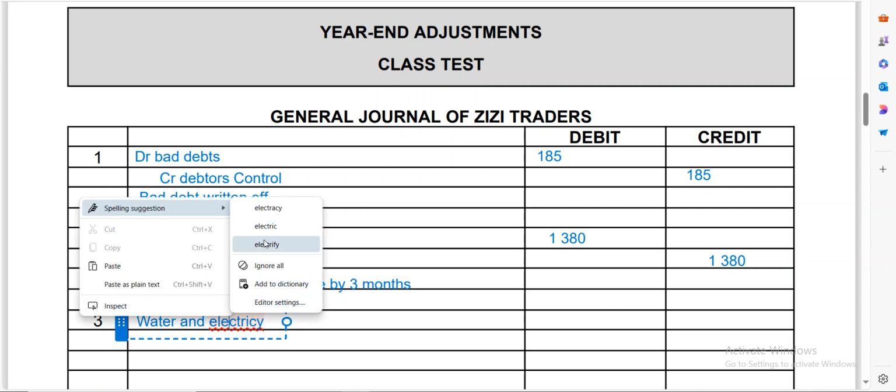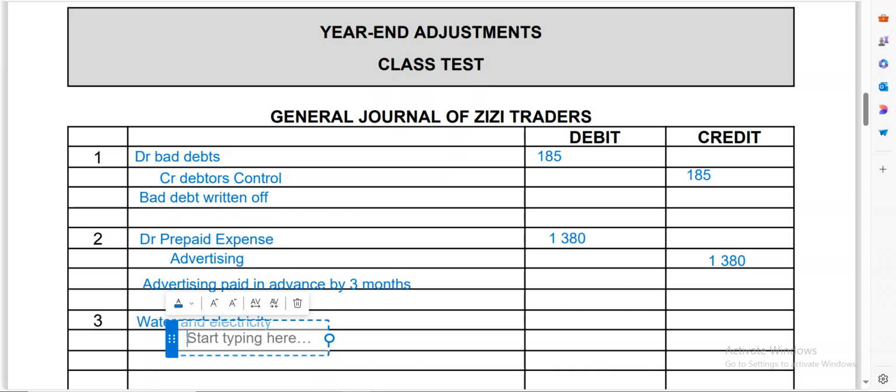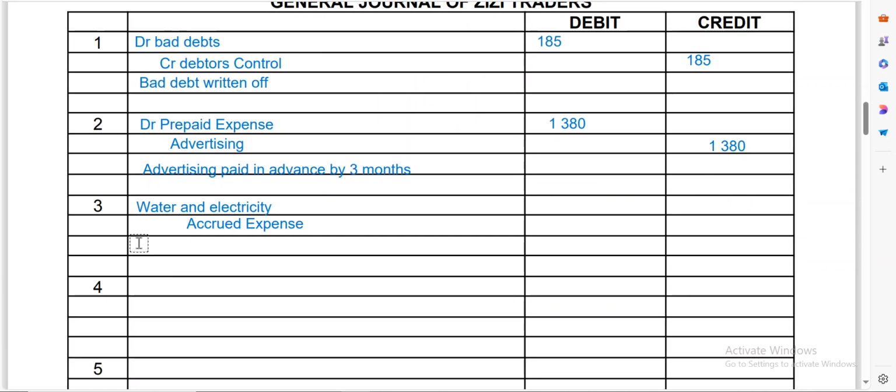If something is accrued, what does it mean? It means that we owe those people in terms of these expenses. So our accrued expense will become a liability. So we have accrued expense, and then when we narrate, we can say water and electricity owed.